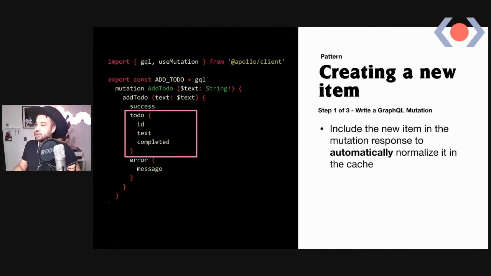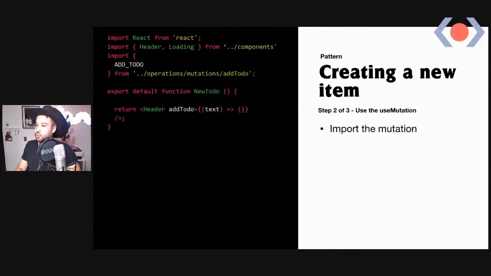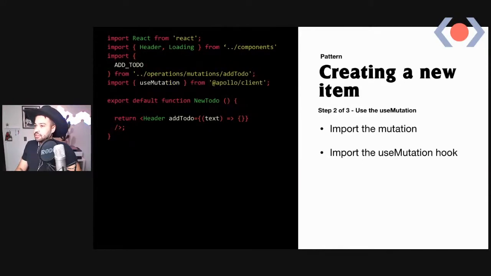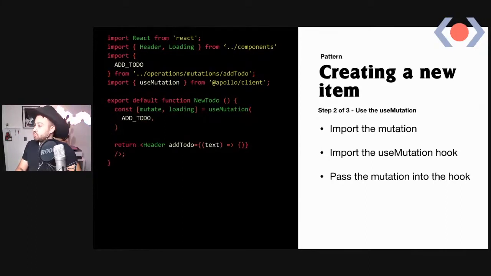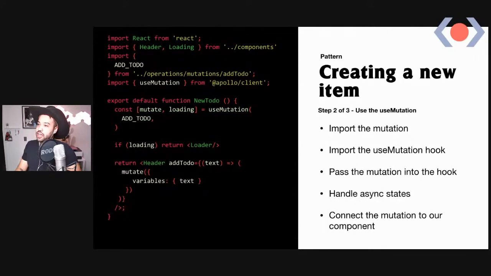And anytime Apollo Client sees new data, it normalizes it and caches it. So in a component, we can import the mutation, use the useMutation hook, pass the mutation into the hook, handle some async states again, and then hook this up to receive user events from a presentational component.